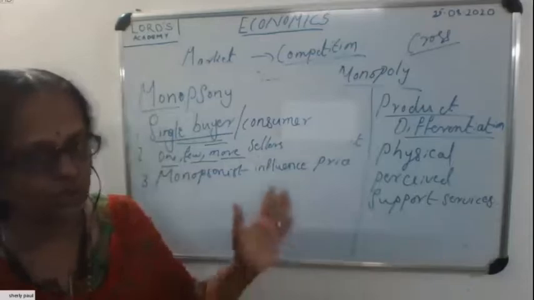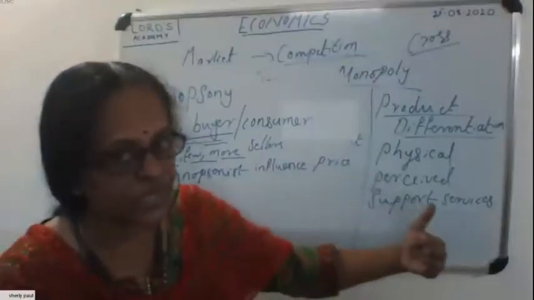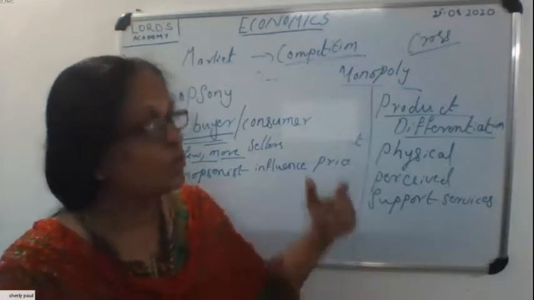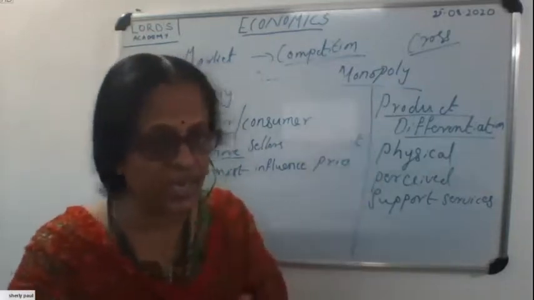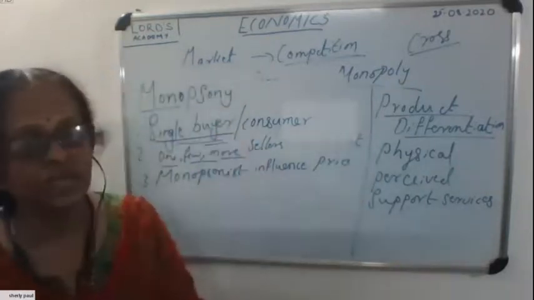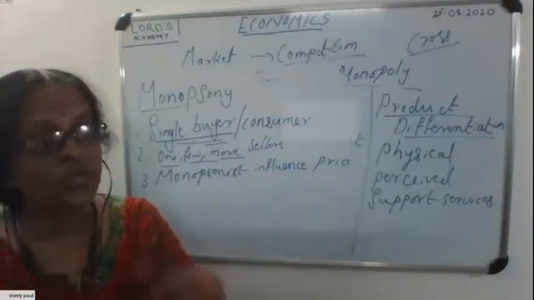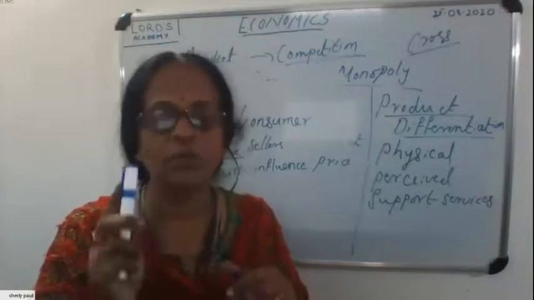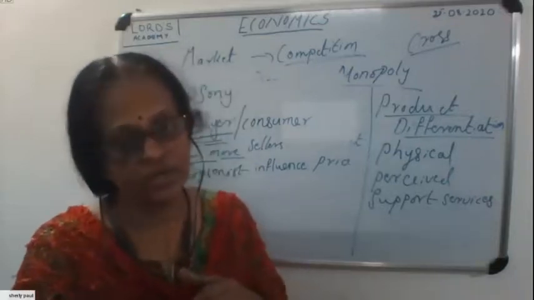Clearly, you should not be confused between monopsony and monopoly. Why am I repeating this? Because many students made the mistake. Monopoly means single seller, monopsony means single buyer. Then how can they influence the market? How can the buyer or seller influence the market?